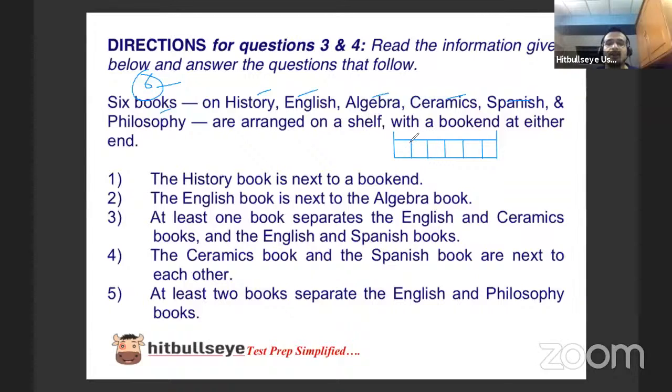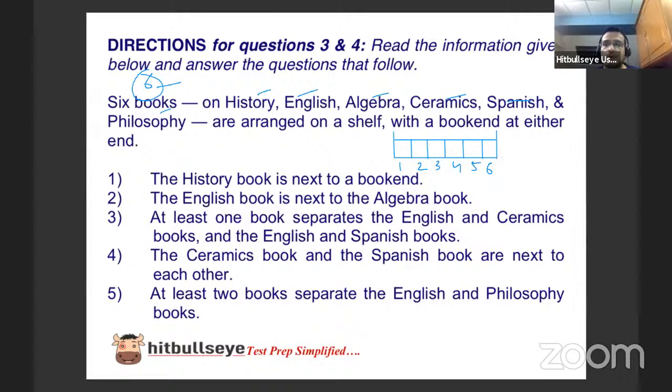So these are the bookends, and we have these 1, 2, 3, 4, 5, 6 as the books mentioned, right? So what are the rules or the statements given? Let's try to mention them again.